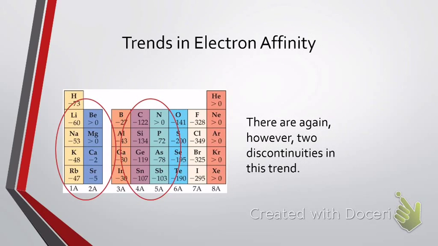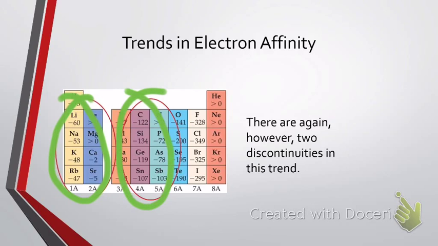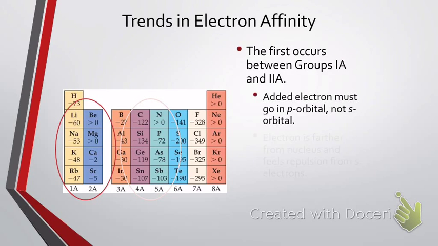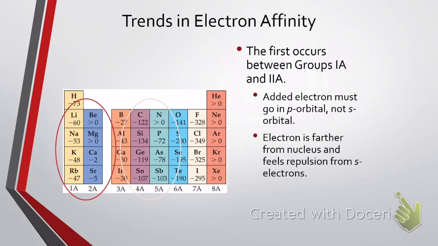Once again, though, there are 2 exceptions. We have the exception here between group 1A and 2A, and then we have the exception here again between 4A and 5A, where you are trying to add electrons. So let's explain that. Why is it that between 1A and 2A, the added electron has to go into a p orbital, not the s orbital?